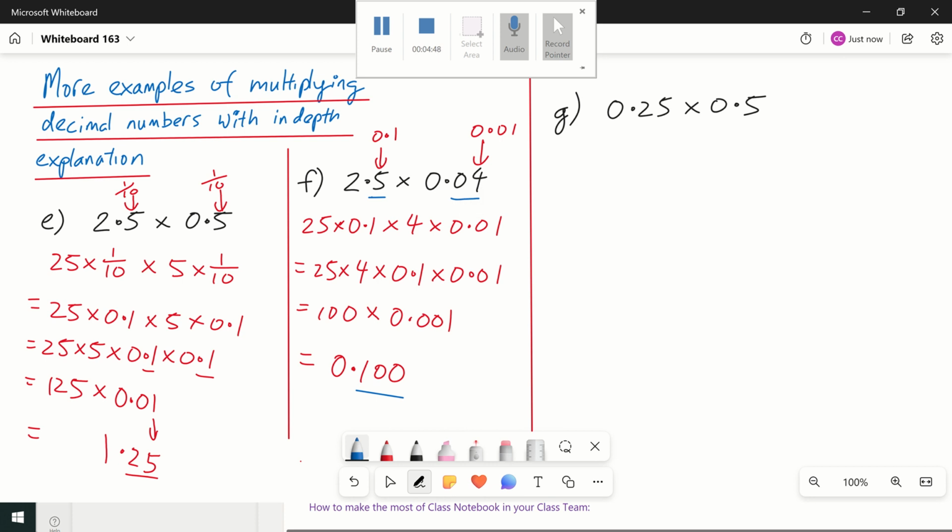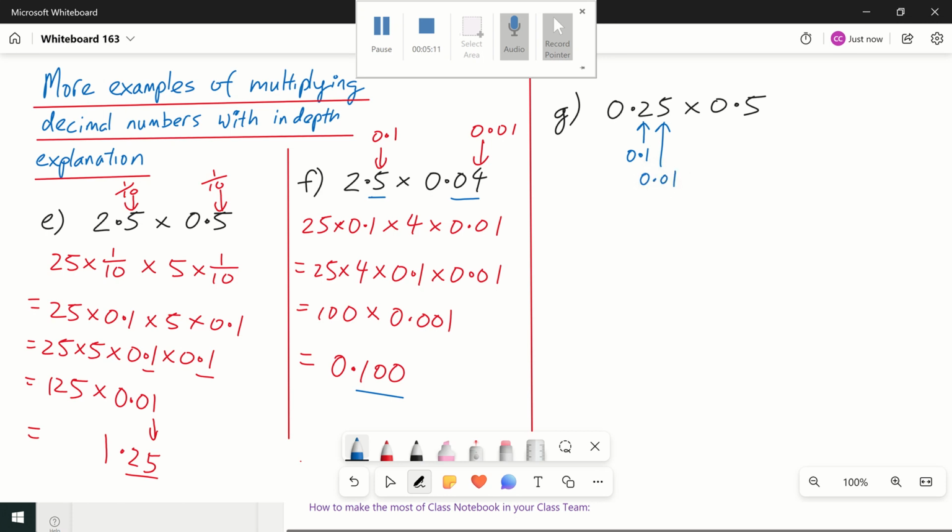And finally, the last one, we have 0.25 times 0.5. Now again, if we take a look at this, the digit 2 has a place value of 0.1, whereas the digit 5 has a place value of 0.01.